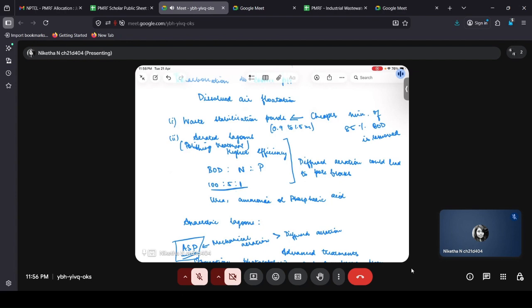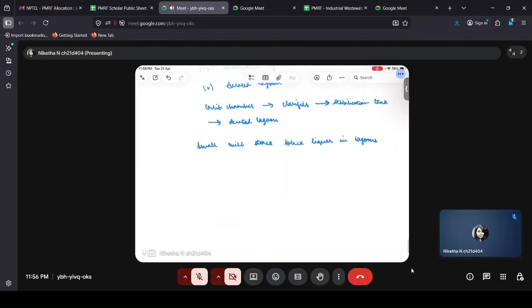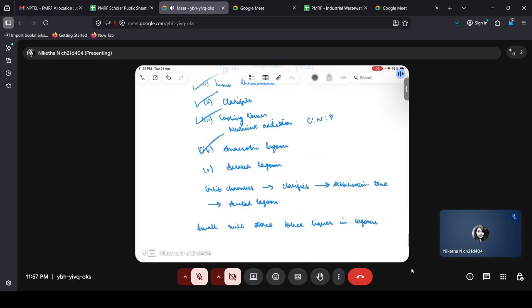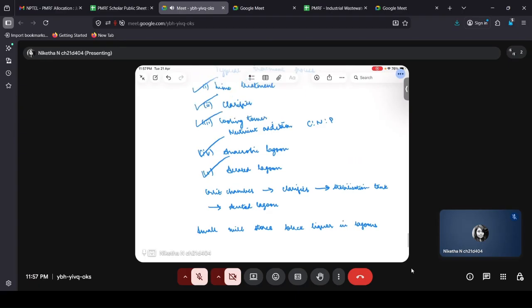It should be in the range of 100 is to 5 is to 1. So it is the BOD is to nitrogen is to phosphorus ratio. And then it is taken to an anaerobic lagoon, and that is followed by aerated lagoon. So this is a typical treatment process.